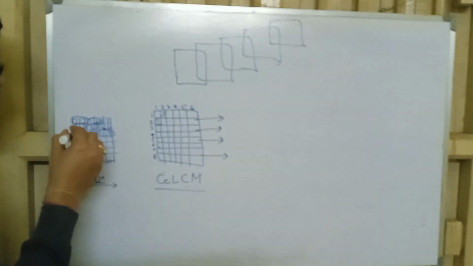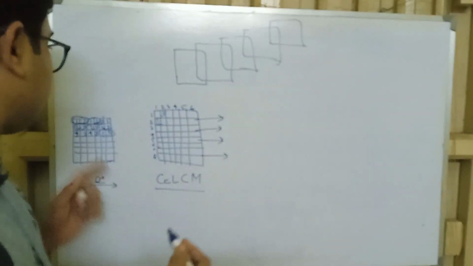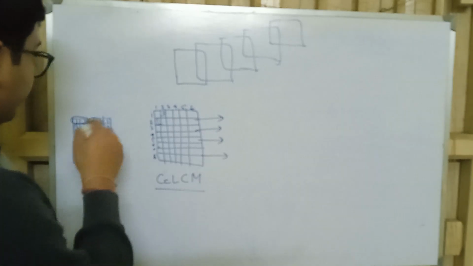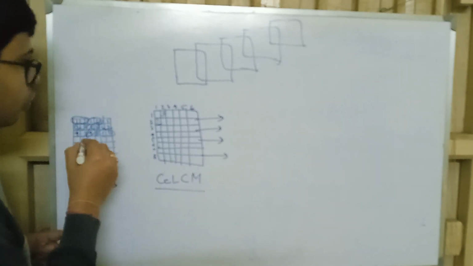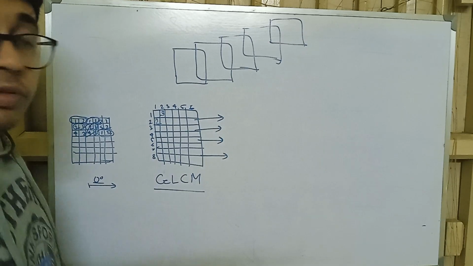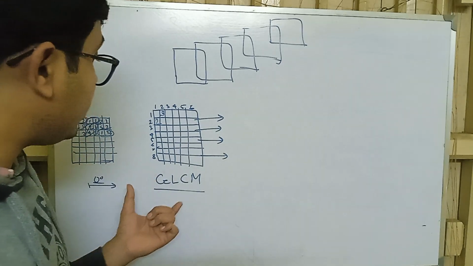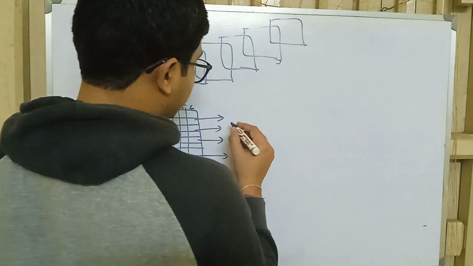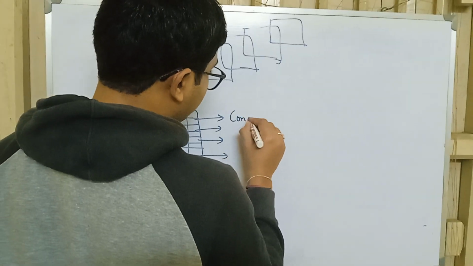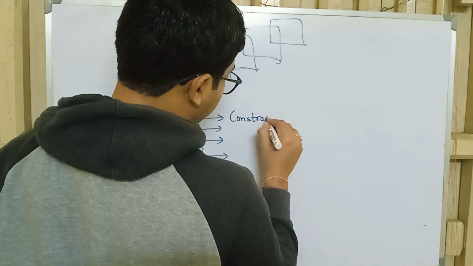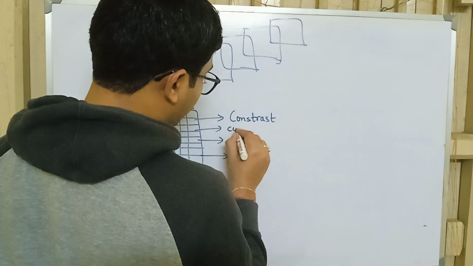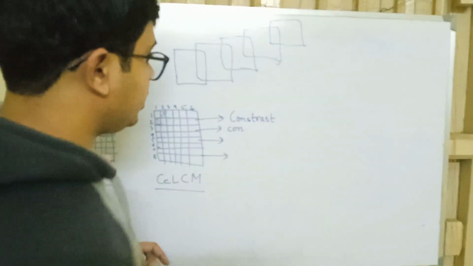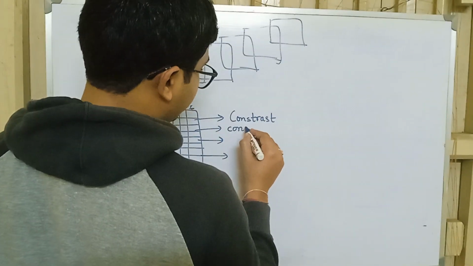Because any single point is meaningless. For 0 degree or 45 degree we consider the pairs given here, so in 0 degree we are calculating. So this is a statistical feature. For these statistical features we use contrast. The equation I will not give. The equation is confidential and will be in my thesis work only.